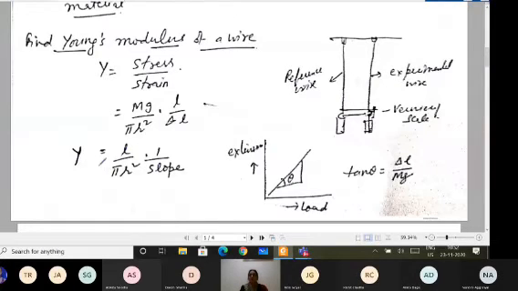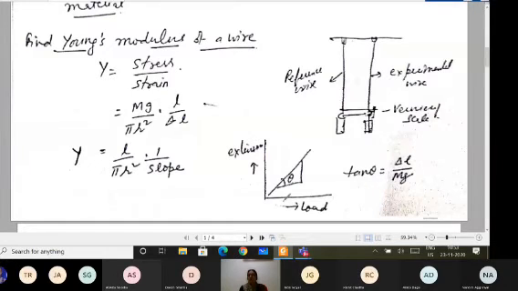And it is important to find the Young's modulus of elasticity of various materials, because by having this knowledge of the Young's modulus of elasticity only, I can use the different materials for different purposes. So finding Young's modulus of elasticity is important from the practical point of view, and that can be done experimentally by doing all these steps.